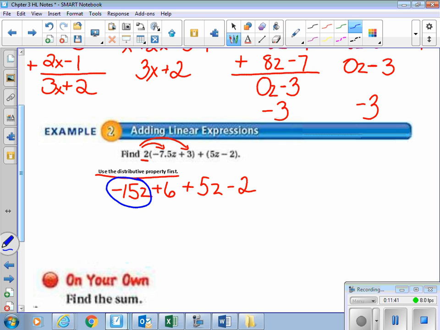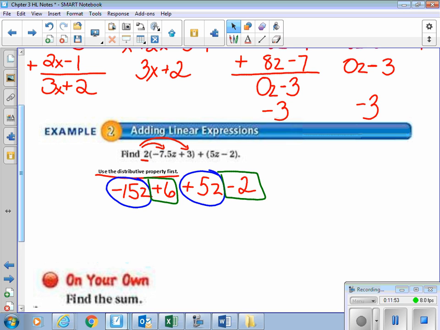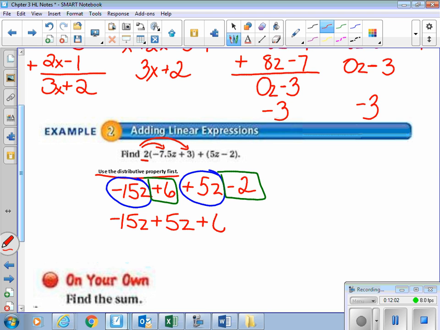I'm just going to take care of those like terms. Negative 15z plus 5z, and a positive 6, as well as a negative 2. And then I'm going to rewrite it with my like terms together. Negative 15z plus 5z plus 6 minus 2.